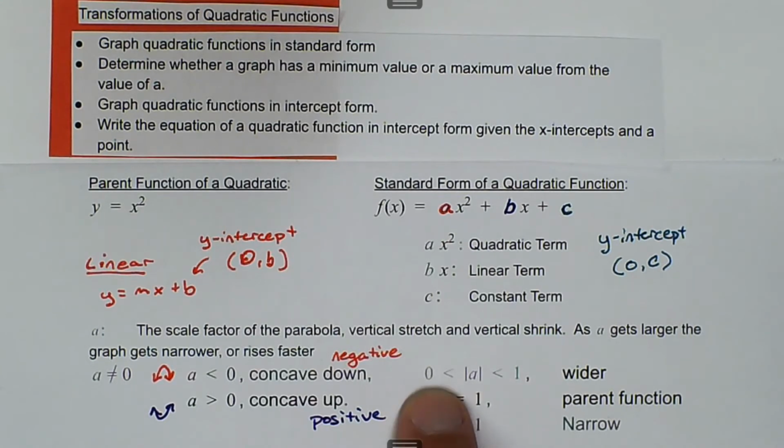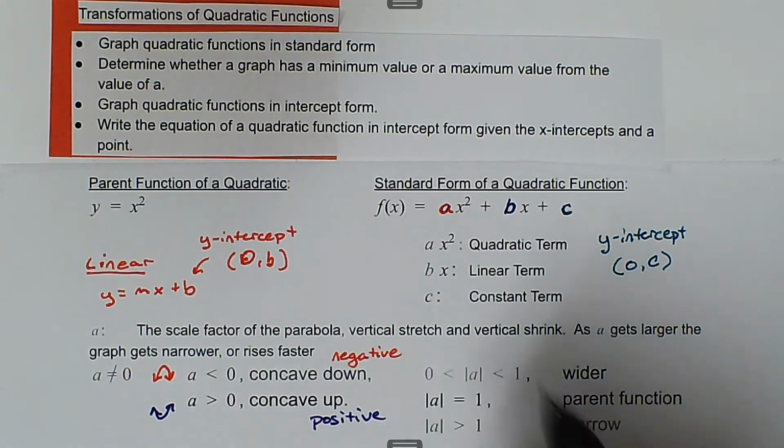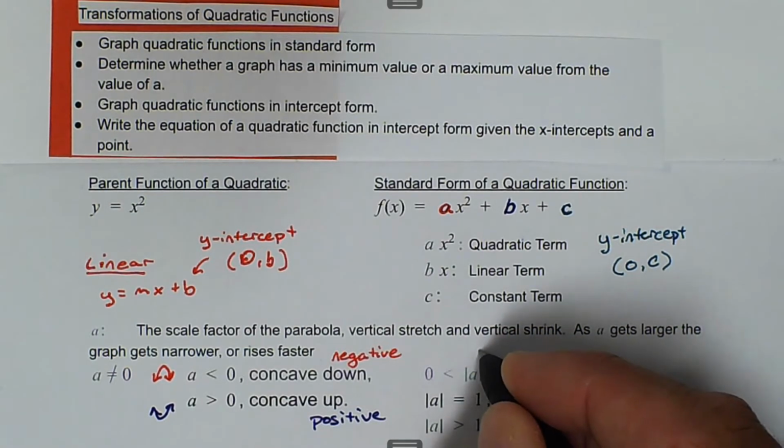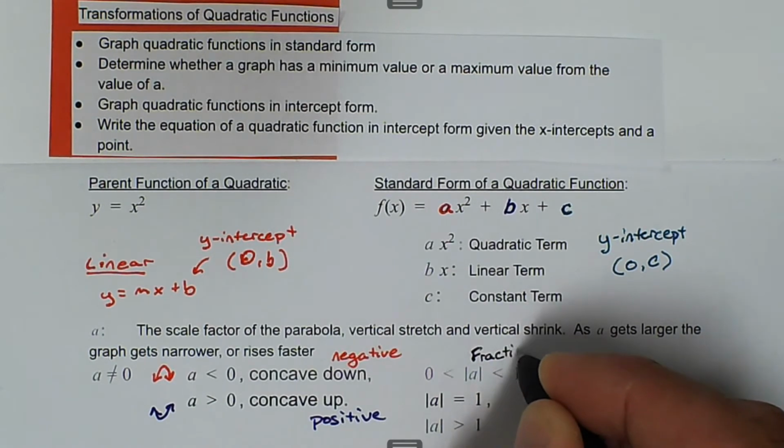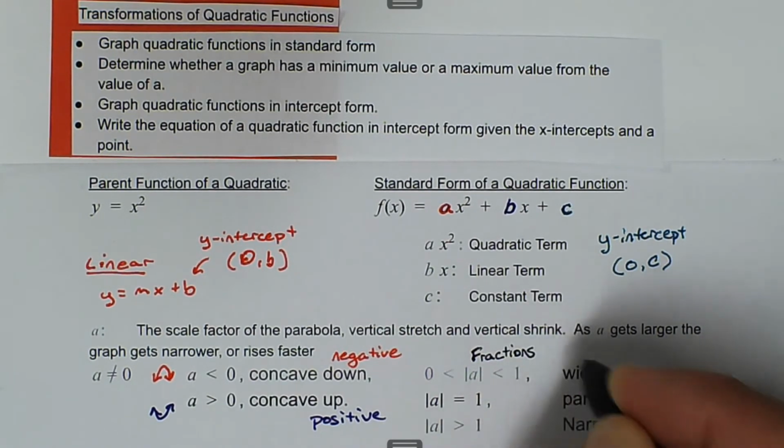If the absolute value of a is between 0 and 1, remember it can't be 0 and it can't be 1, then the graph gets wider. So those are things that we're thinking of as fractions or decimals.